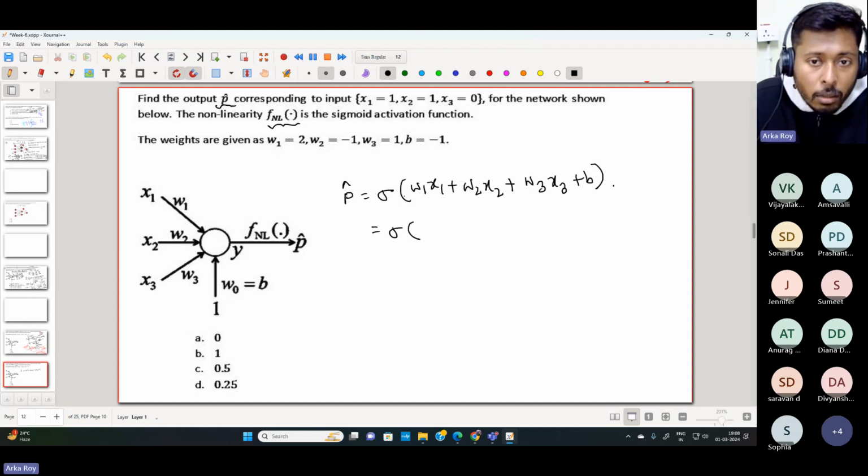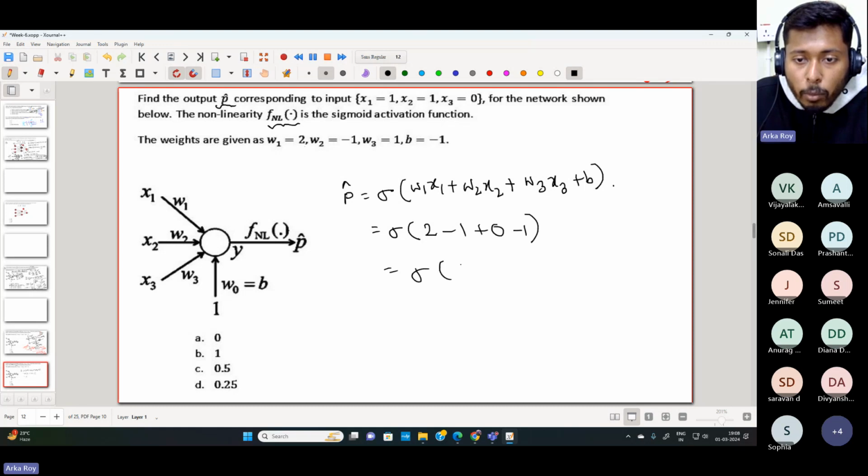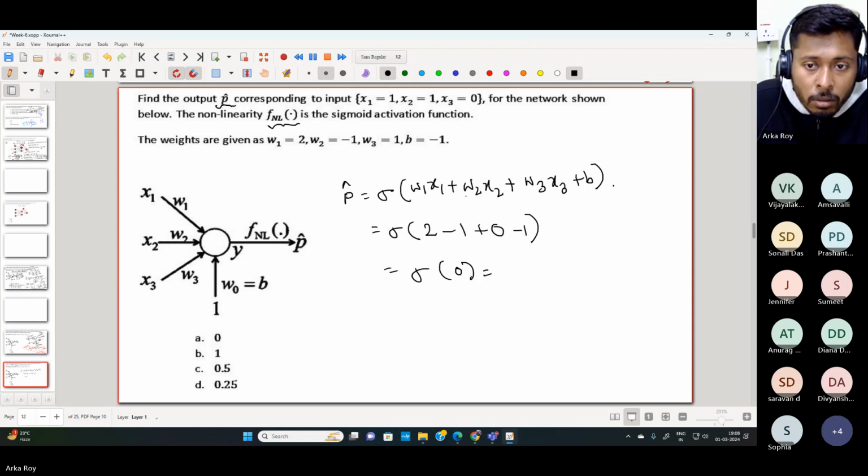So sigma of w1 x1 is 2 into 1, so 2, plus 1 into minus 1, that means minus 1. Then w3 into x3 will be how much? 0. Plus b will be minus 1. So sigmoid of 0. What is the value of sigmoid of 0? 0.5.